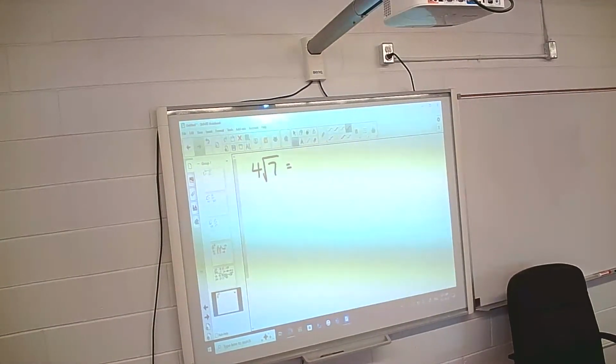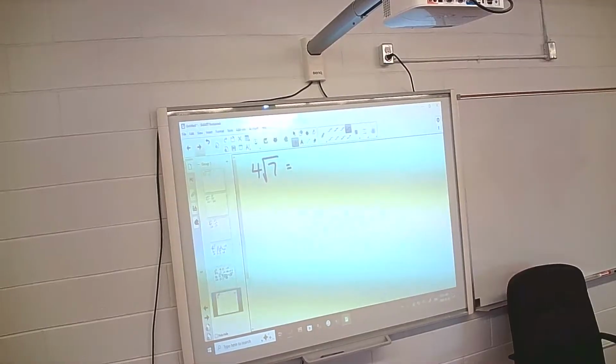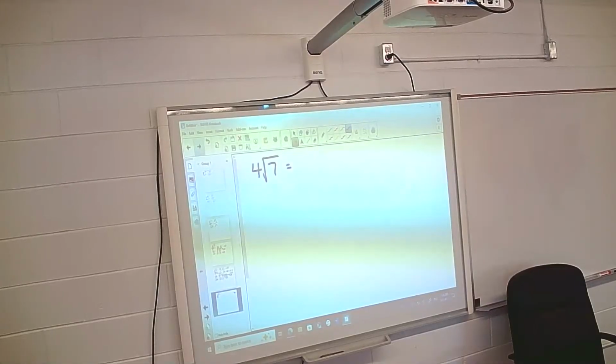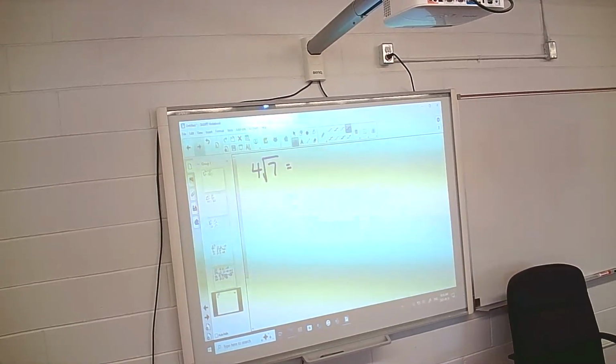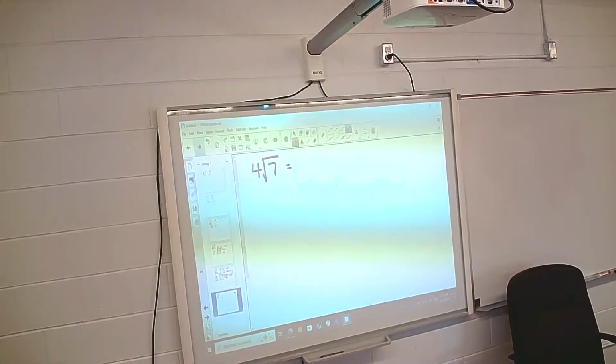We have a mixed radical, and I want to write it as a whole radical. This is basically a 2-step process, and all you need to know is what the 2 steps are.